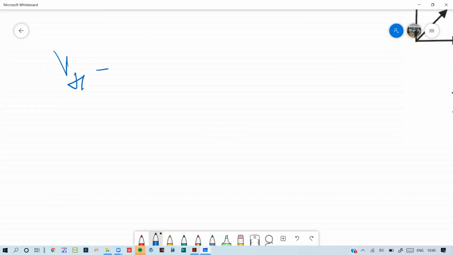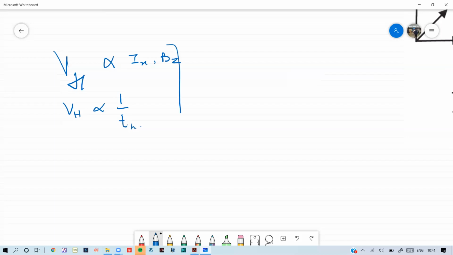If you see this VH, from the above expression you can see that it is directly proportional to I, which is mainly in the X direction. It is directly proportional to B, let us suppose in the Z direction, and VH is inversely proportional to the thickness of the sample.